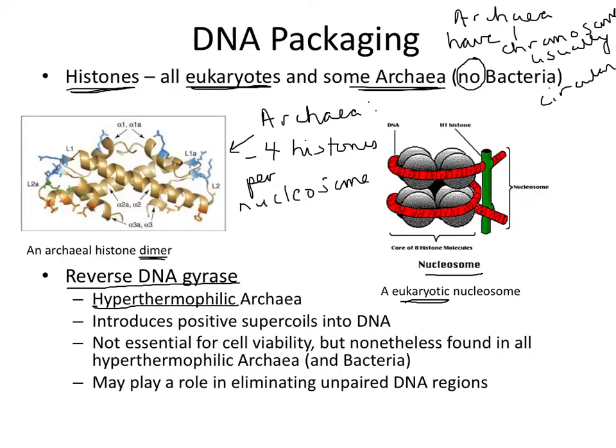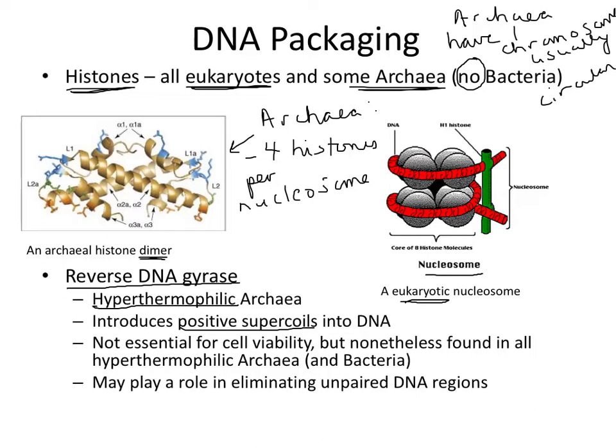We previously spoke in class about regular DNA gyrase, which is important in introducing negative supercoils into DNA, and that's what's commonly seen in most cellular life. But in the hyperthermophilic Archaea, we actually see a very high level of positive supercoiling, which is supercoiling in the other direction. And those positive supercoils are introduced by the enzyme reverse DNA gyrase.